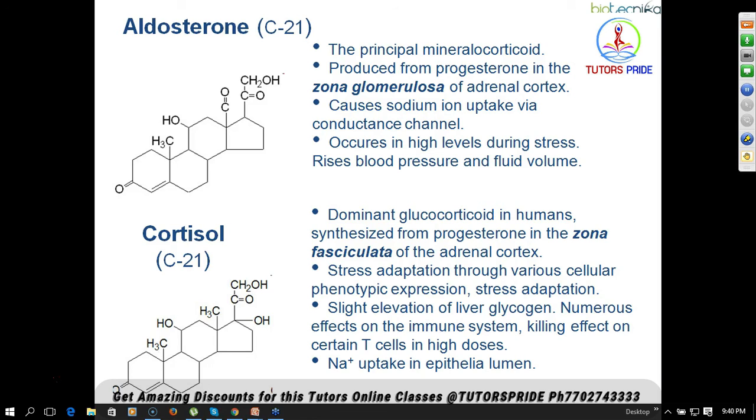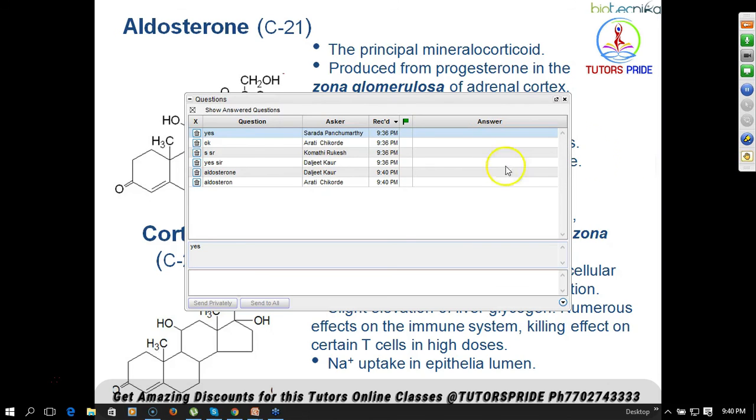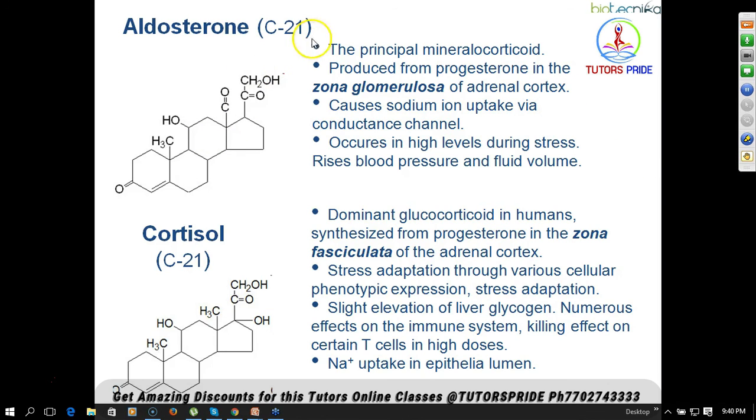Tell me which is the correct answer. Which hormone increase is responsible for increase in blood pressure? Can anybody? It is aldosterone. Now, you can remember this is a C21 nucleus.